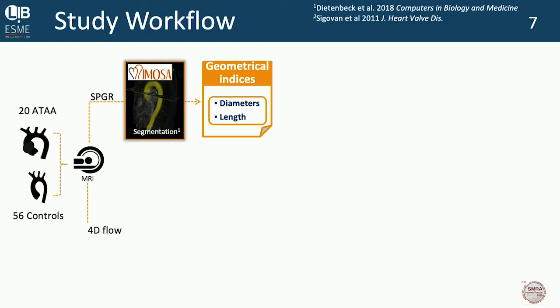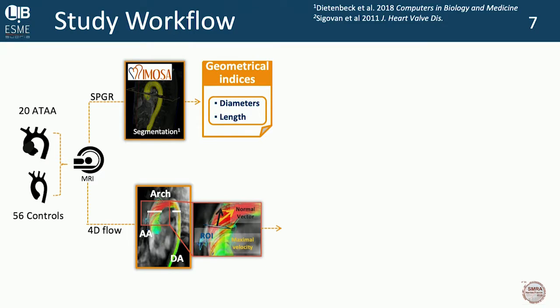Then we used the 4D flow MRI data to segment the aorta and isolate the blood flow. We divided the aorta into three segments: the ascending aorta, the arch, and the descending aorta. Each segment was subdivided every 5 millimeters into regions of interest.